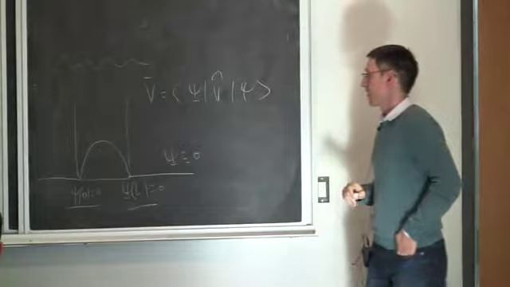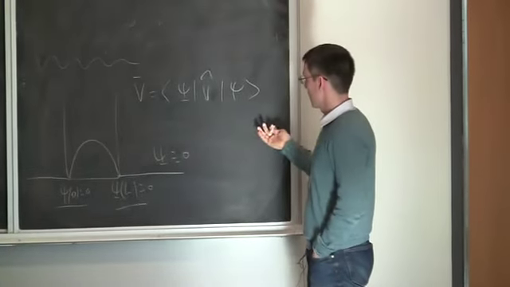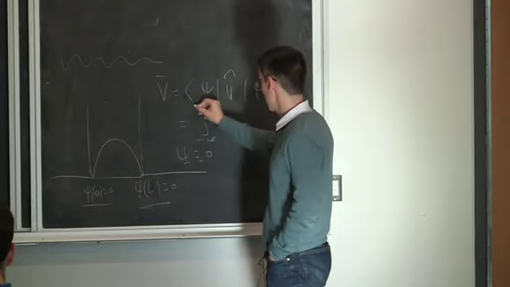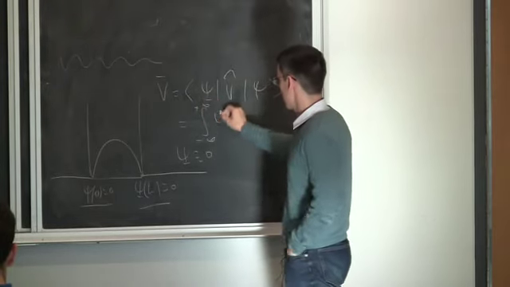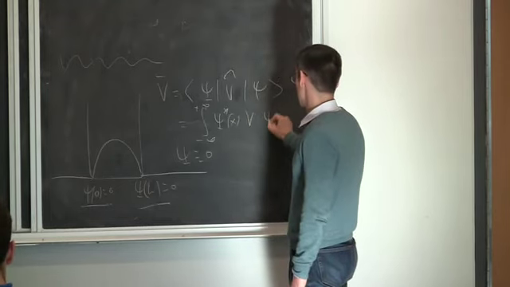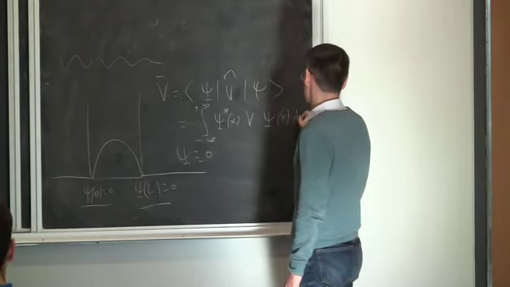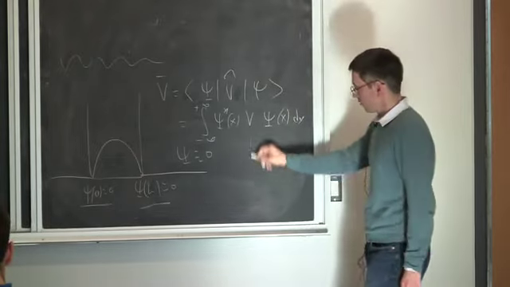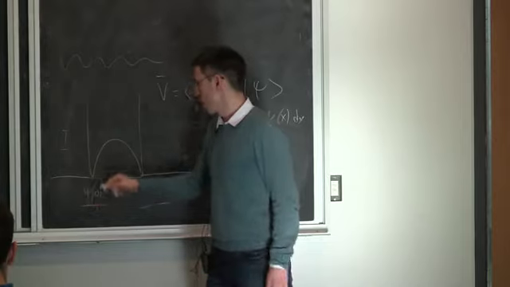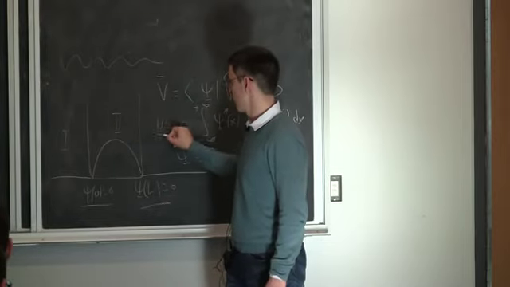So then this is the integral from minus infinity to plus infinity of the function star, V, dx. And this integral will consist of 3 parts: zone 1, zone 2, zone 3.